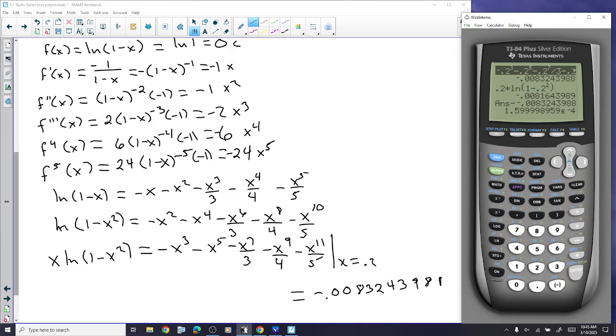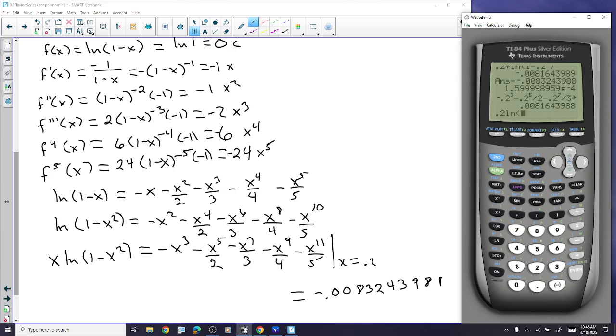X squared over, oh yeah, over 2. So that was it right there. How'd I lose that? Oh, I lost it way back here. Okay, all right. Well, that should be an easy fix. Yeah, thank you. That's got to be it. It's that answer right there.